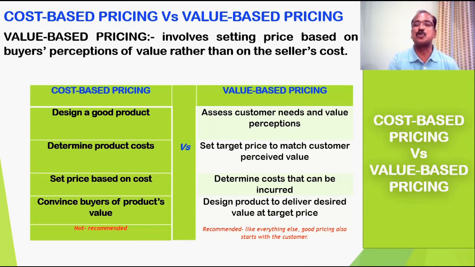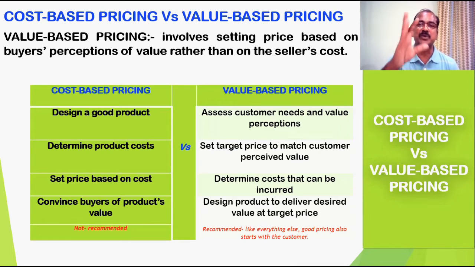If you look at the steps to be followed in setting price for a marketing offer using cost-based pricing, number 1, design a good product. If you follow cost-based pricing as a company, you design a good product. Number 2, determine the cost of making the good product which you have designed. Third, set price based on the cost. If the cost of making 1 unit of your product comes to 10 rupees, you add a profit margin of say 20% on cost.